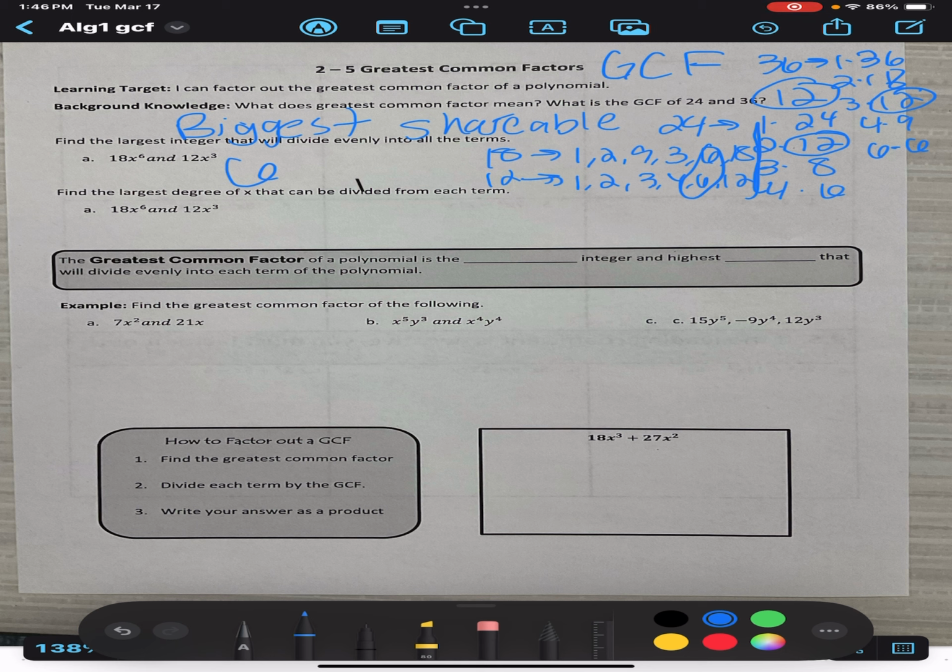And then it says, find the degree of x that can be divided into each term. So thinking about 18x to the 6th, x to the 6th means it has 6 x's. So if we want to write that out to visualize it, 6 x's. And 12x cubed means it has 3 x's. So it's saying, how much can I take?